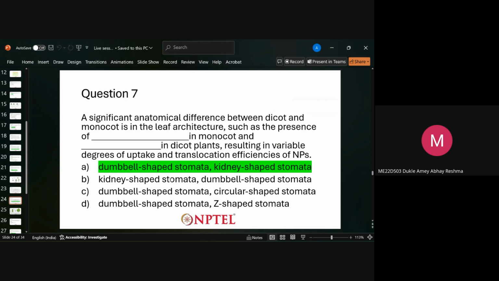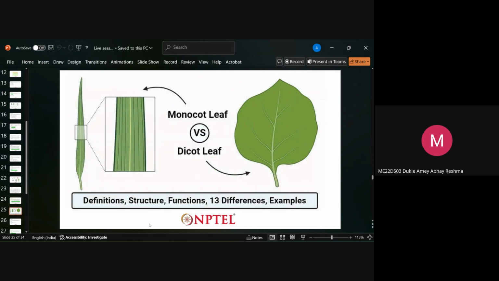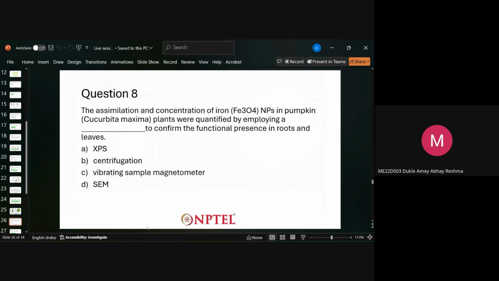That will change the uptake and how the nanoparticle works, so the efficiency also. This is how the two leaf structures look, the monocot leaf and the dicot leaf. You can see the dicot leaf has a higher surface area compared to the monocot leaf. So this leads to better nanoparticle uptake.